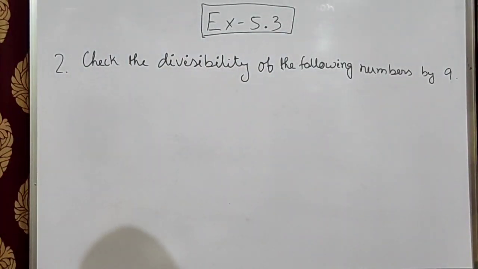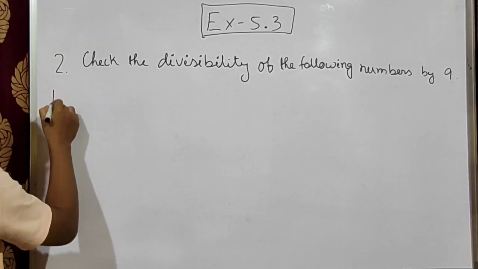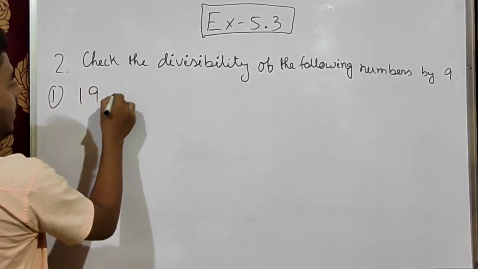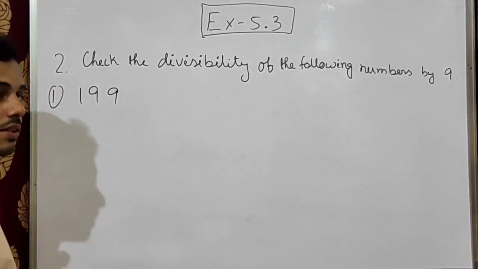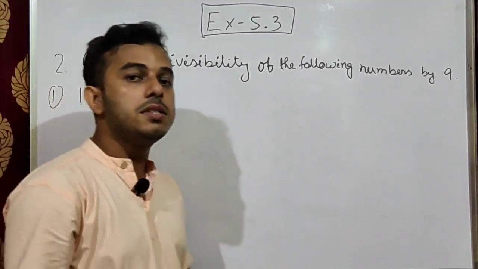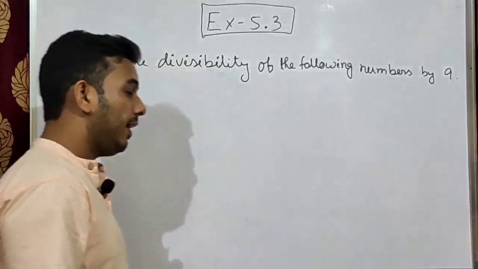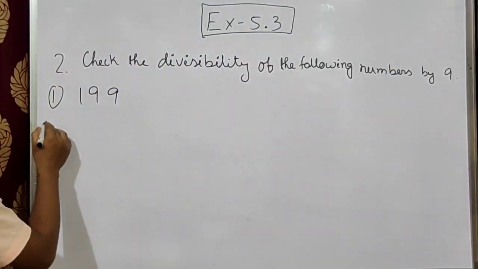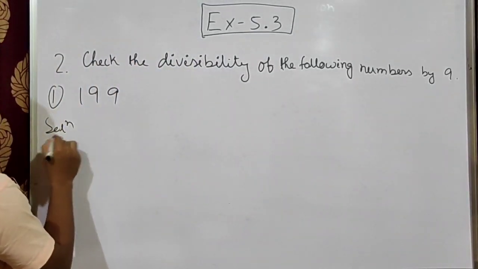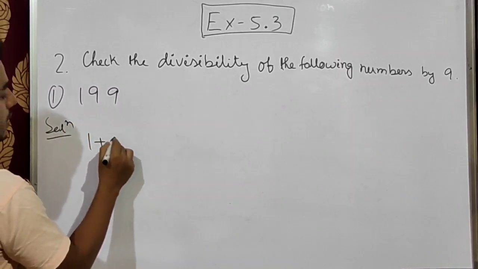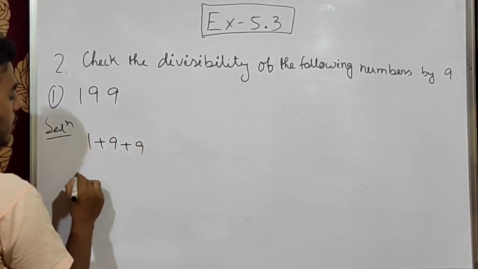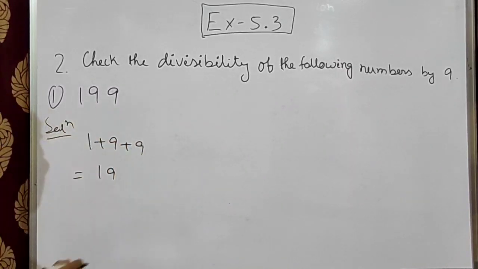So, the first option is 199. Now, test for 9 is that if the sum of the digits is divisible by 9, then the whole number is divisible by 9. So, let us find the sum of the digits. First of all, we will write solution, then 1 plus 9 plus 9 equals 19. Now, is 19 divisible by 9?